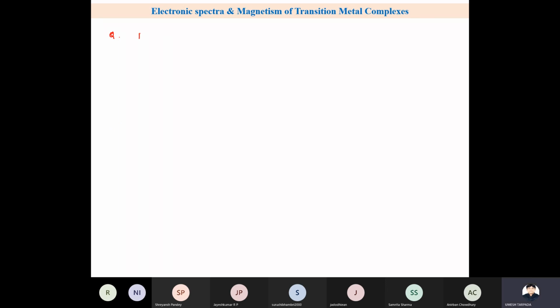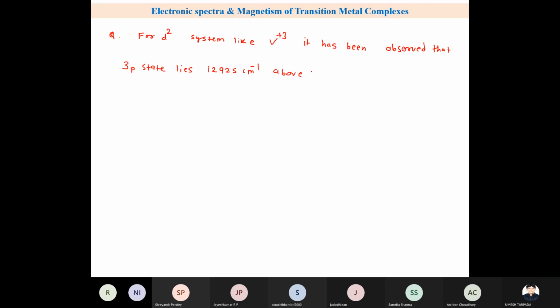For a d2 system like V3+, it has been observed that the triplet P state lies 1295 centimeter inverse above the triplet F state.